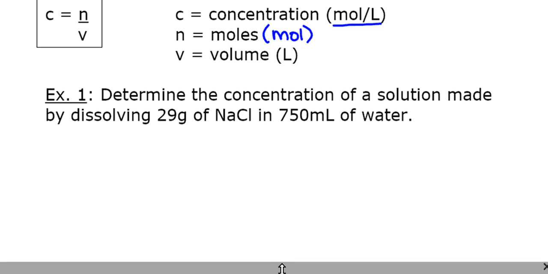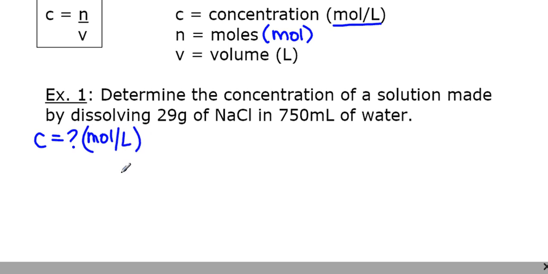So here's our problem. Determine the concentration of a solution made by dissolving 29 grams of sodium chloride in 750 grams of water. So if we're trying to find concentration, that means we want moles per liter for our units.